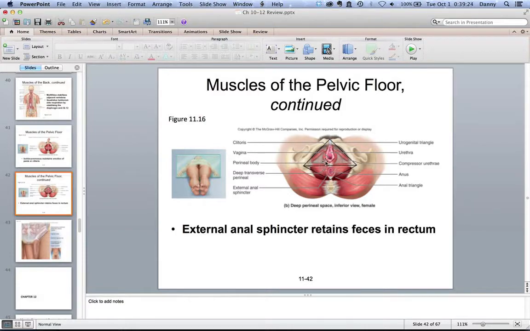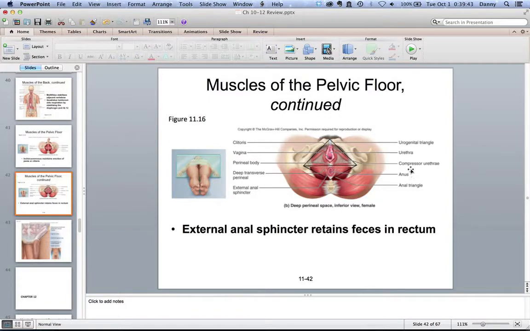And what can happen actually is that cut will go through bulbospongiosus and/or the perineal muscle, and that does cause issues. We'll return to this at the end of the semester, but I just want you to know that these muscles, they're worth learning because you're going to hear them again.